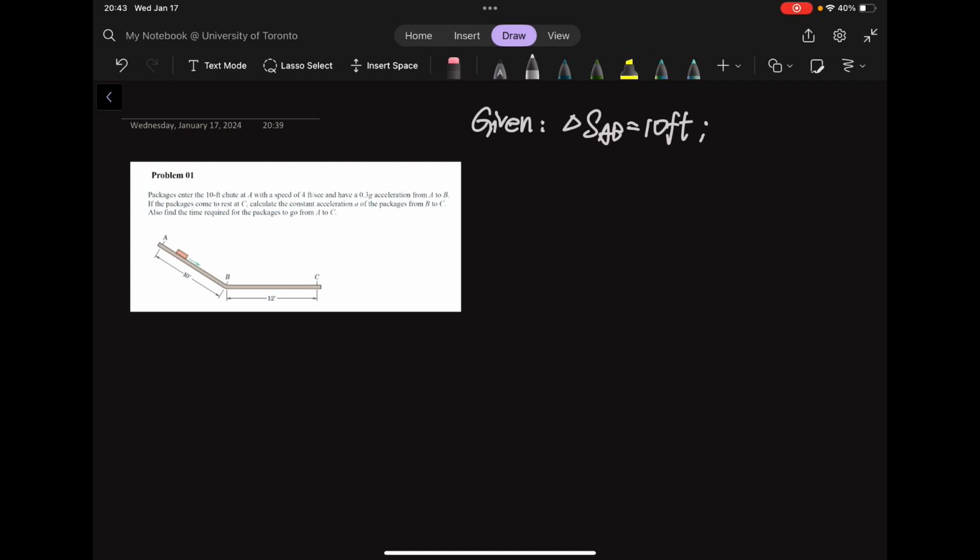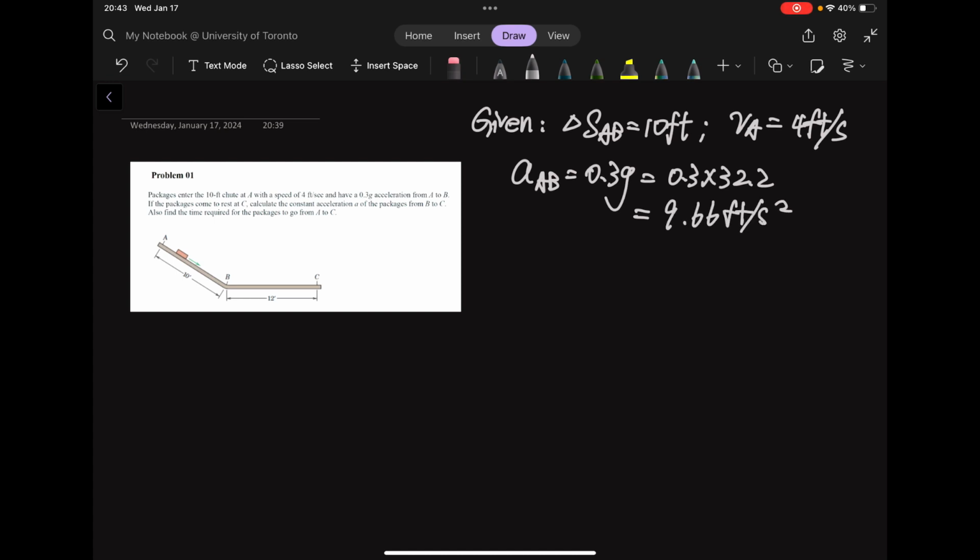The package at point A has 4 feet per second. Acceleration at the chute is 0.3 standard gravity, which is 9.66 feet per second squared. The package at point C is at rest, so Vc is equal to 0. What we need to find is the acceleration when it's at C, and also the total time.